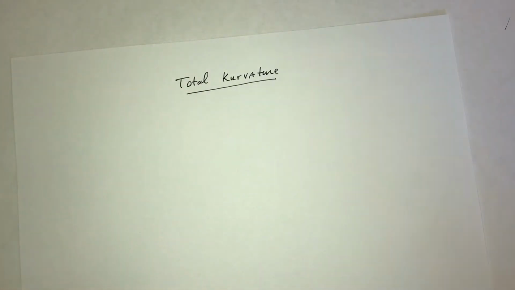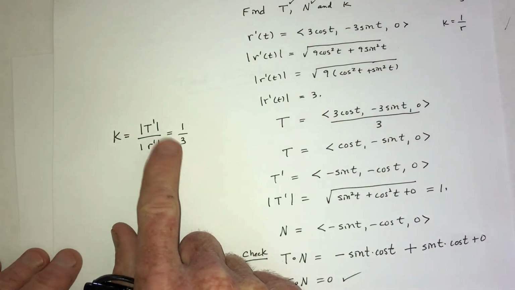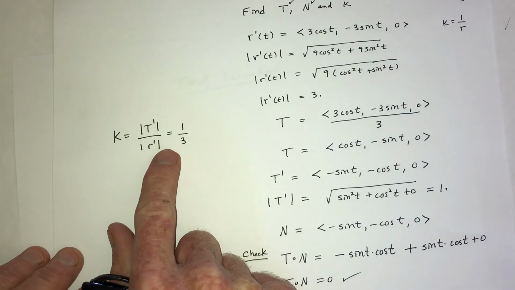The total curvature. So the total curvature for a circle, it happens to be a constant.